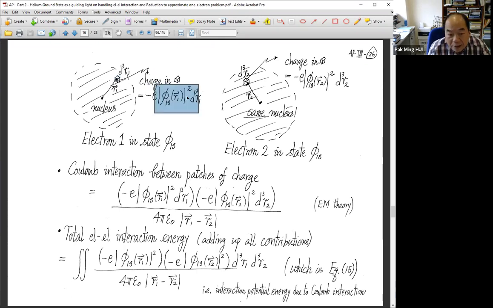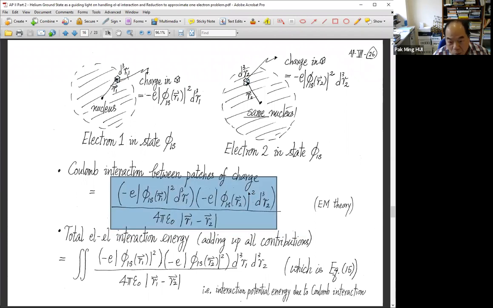Okay? Similarly, electron 2 has the same behavior. Notice that it is not two atoms, it is the same nucleus, but I don't want to overlap the picture, that will be too complicated. Now the integrand is something like this. Bit by bit of charge from electron 1 and electron 2, they interact. So this bit times the other bit, that will be Q1 times Q2 divided by the distance, a particular patch here interacting with a patch of electron 1.